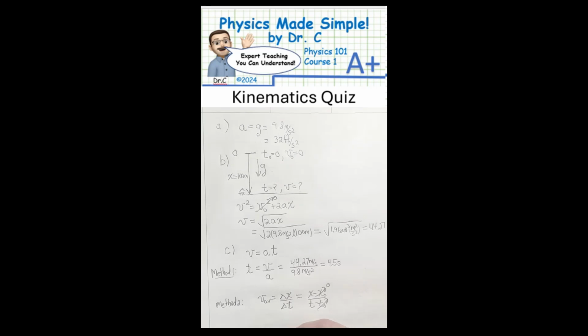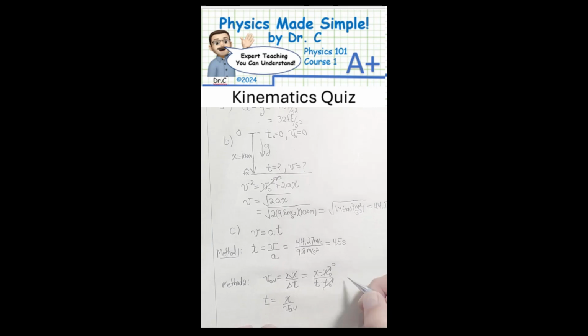Therefore, the time is equal to X divided by v average. But what's v average? Well, I'll derive for you another time that v average is equal to v naught plus the final velocity divided by 2. It's the arithmetic mean. v naught is 0, so it becomes half of the velocity.